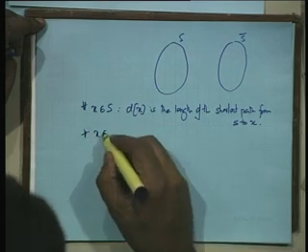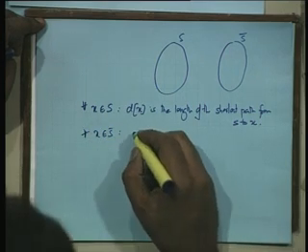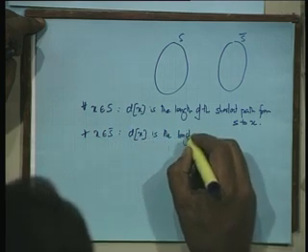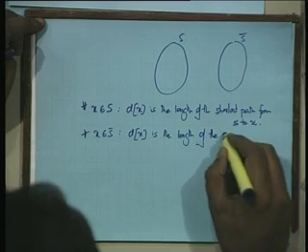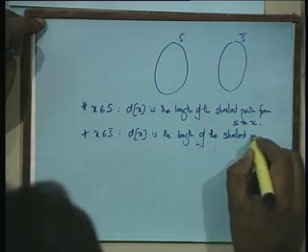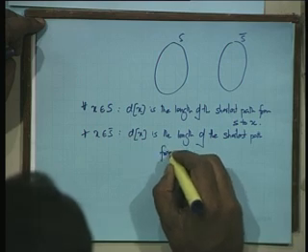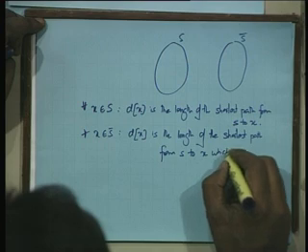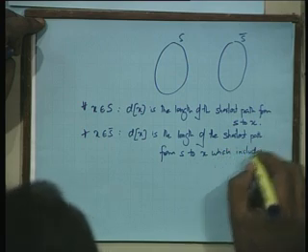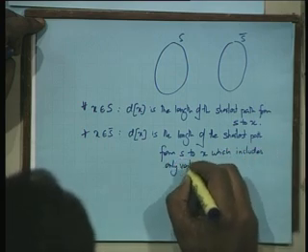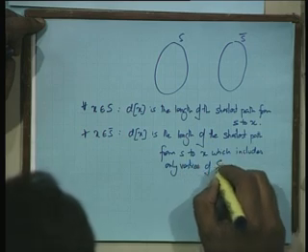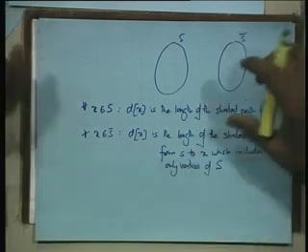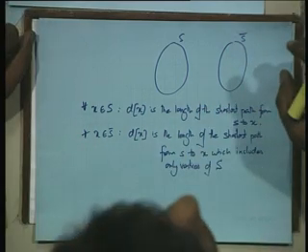For all x in S complement, D of x is the length of the shortest path from S to x, which includes only vertices of capital S. ठीक है, ये दोनों statements will have to be part of your induction hypothesis.